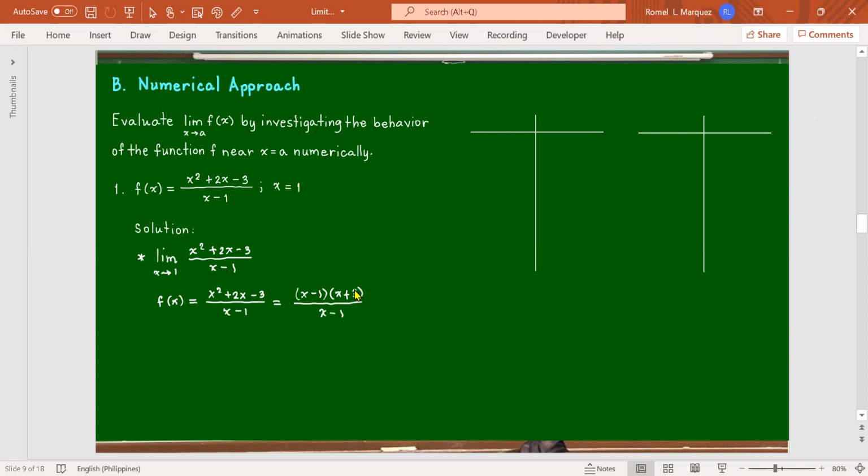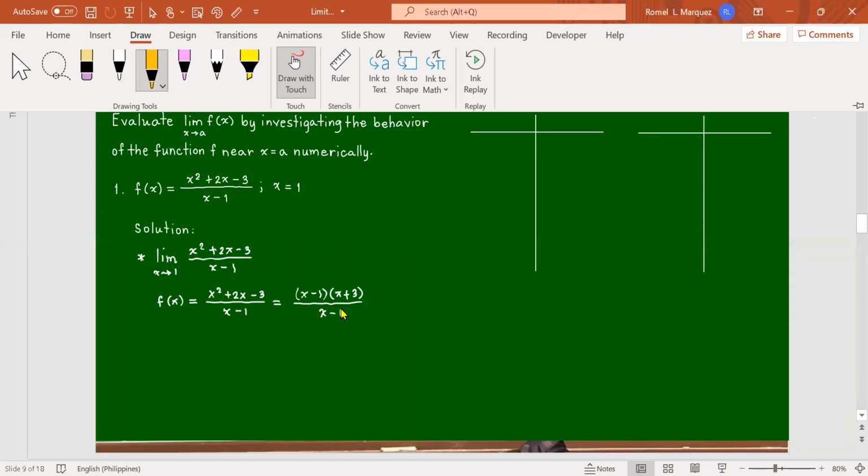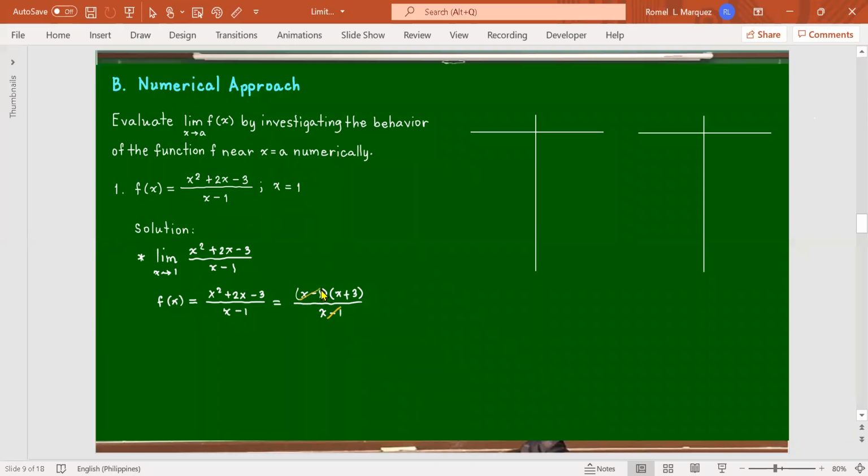Okay, so we can cancel out x minus 1, no? We are allowed to cancel this, after all, we do not want x equals 1. What we want is only near x equals 1. That's what we are going to investigate.